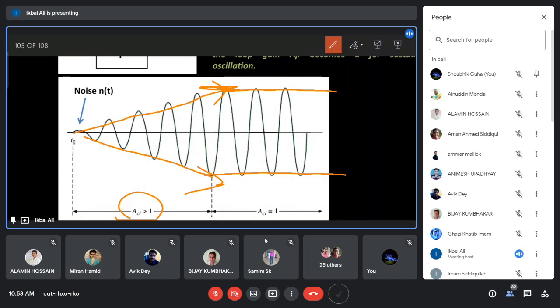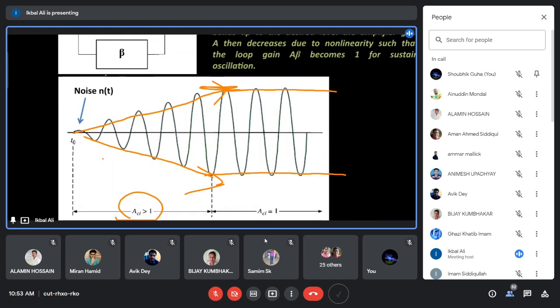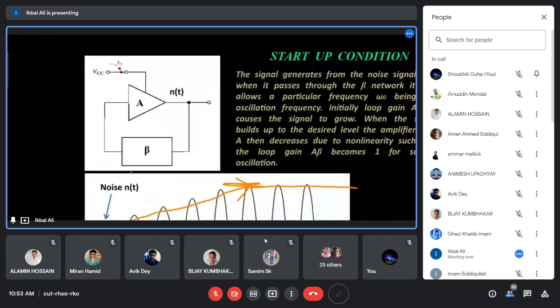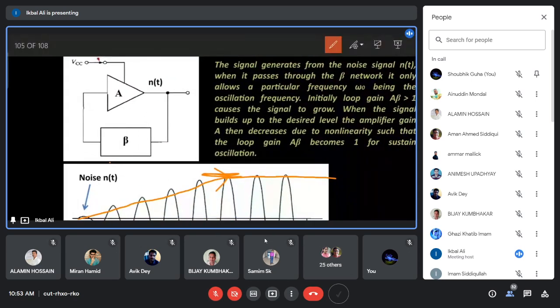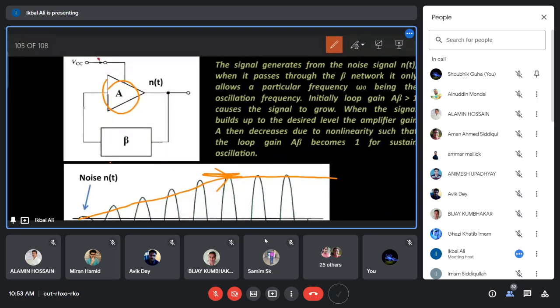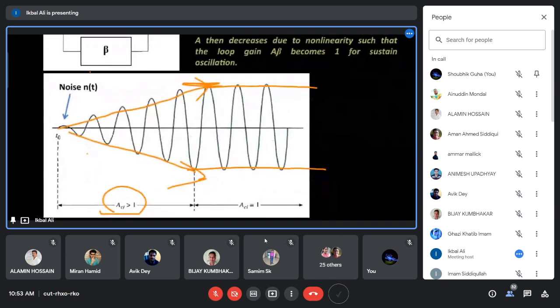And at that point, when the amplifier nonlinearity makes the signal constant, automatically the gain of this amplifier becomes lowered. Automatically the gain falls. When the signal grows up too much, the gain of the amplifier falls down in such a manner that your A beta becomes equal to 1.